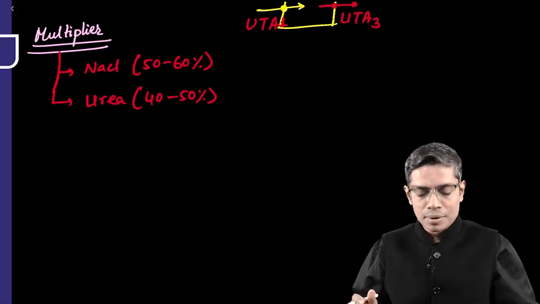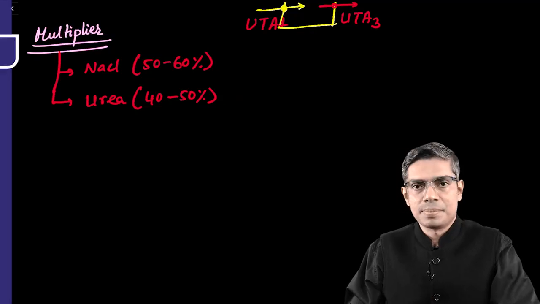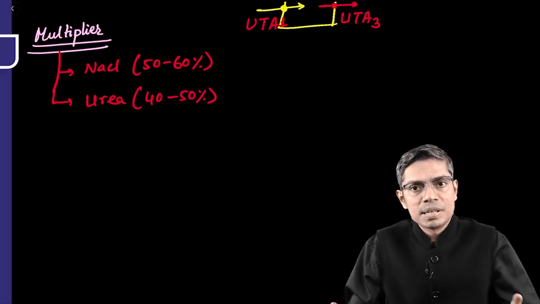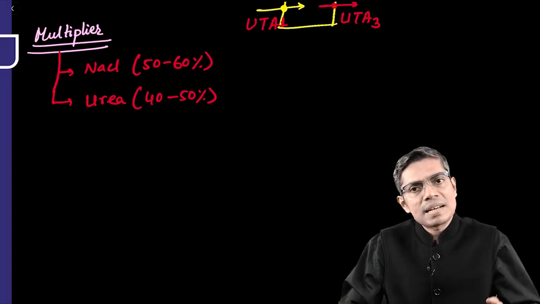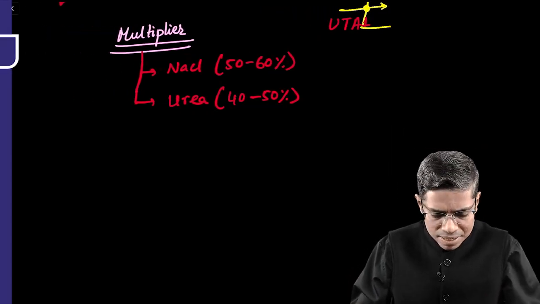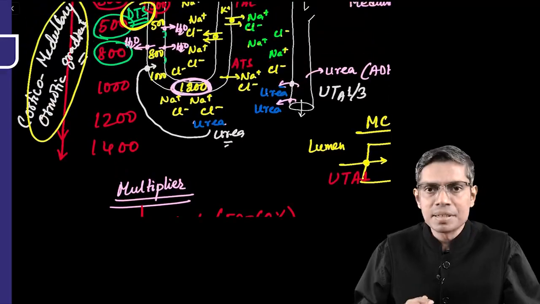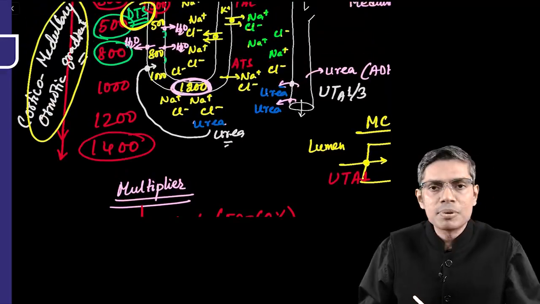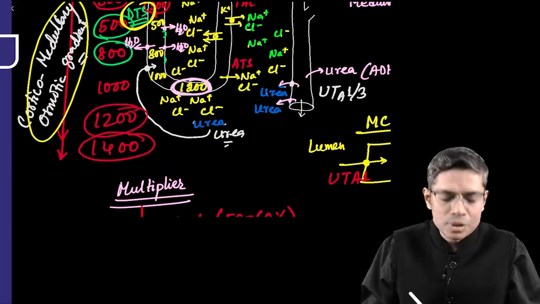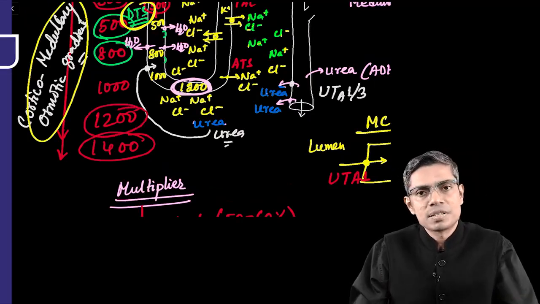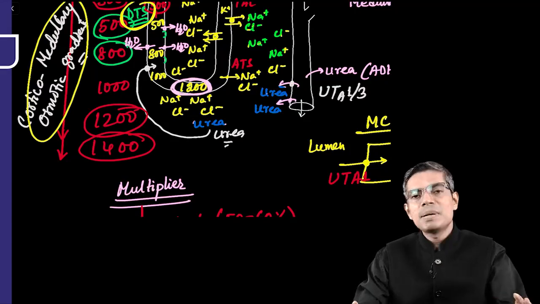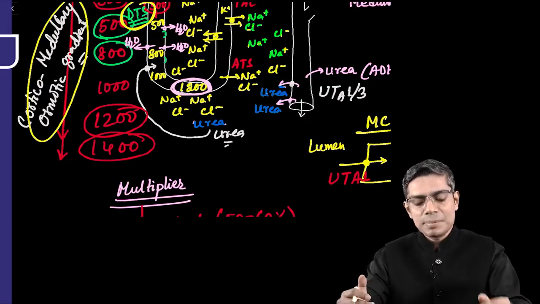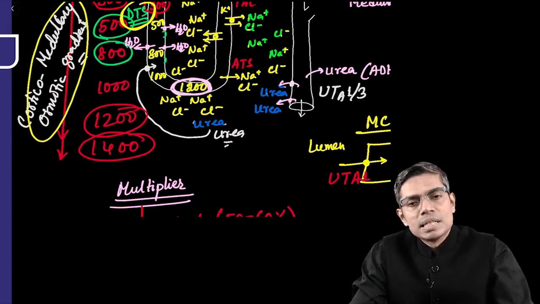So sodium chloride is contributing 50 to 60% and the medulla becomes hypertonic. So what is the maximum tonicity that can develop? I have written here this number, although these numbers are arbitrary, I have written up to 1400. Generally this is 1200 to 1400.